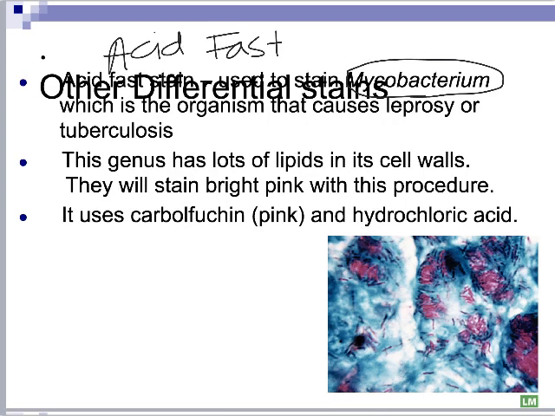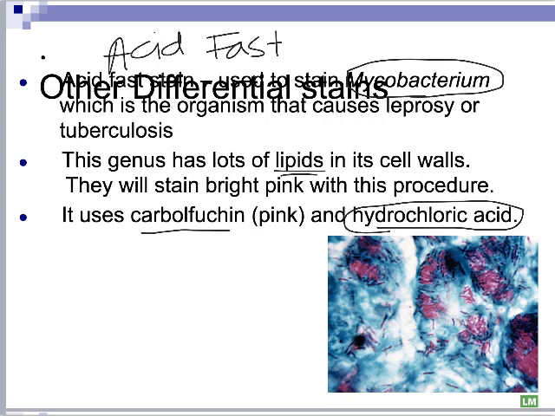So it's different than a gram. You can't gram stain it because this organism has a lot of lipids in the cell wall. Those cell walls are really waxy, so the gram stains don't stick to it. So what they do is this acid fast stain. They add a stain called carbofuchsin, which is fuchsia colored, and hydrochloric acid to wash the wax off.